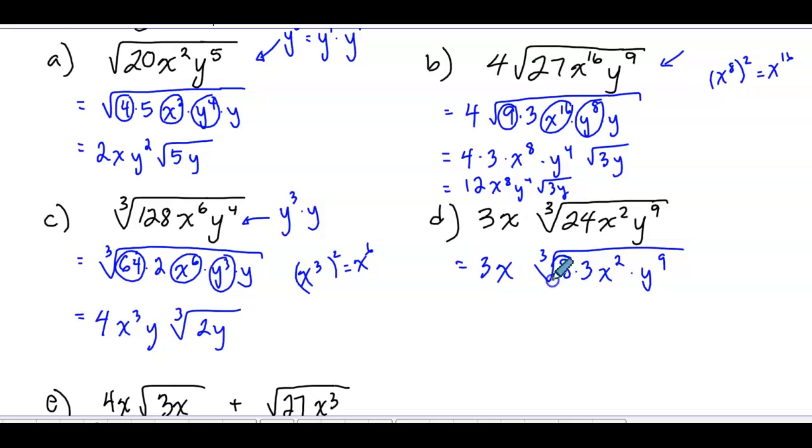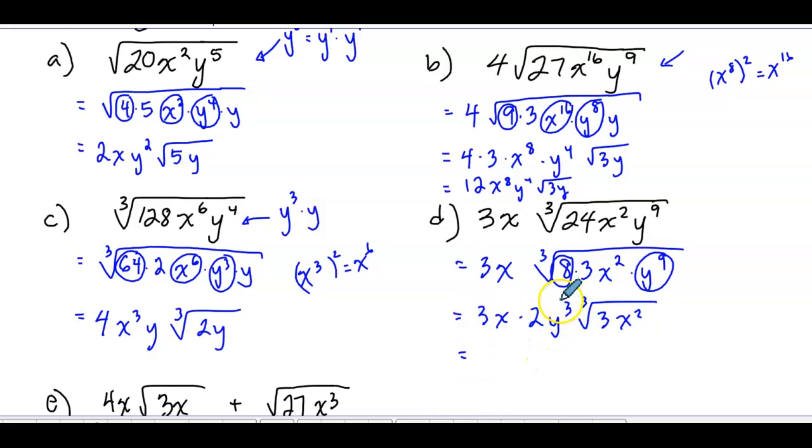So now I'm going to circle my perfect cubes. Then I'll have 3x, and then multiplied, cube root of 8 is 2. Cubed root of y to the 9th is y cubed. Cubed root of 3x squared. They don't get to go out on the weekend.